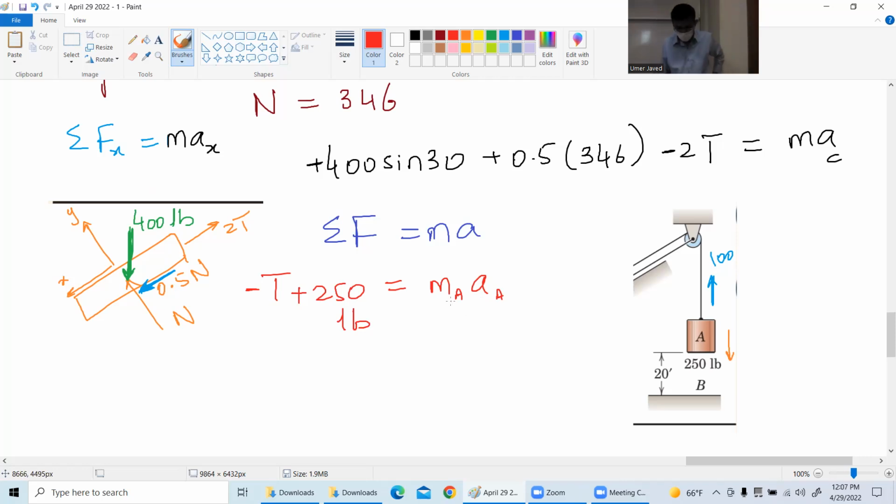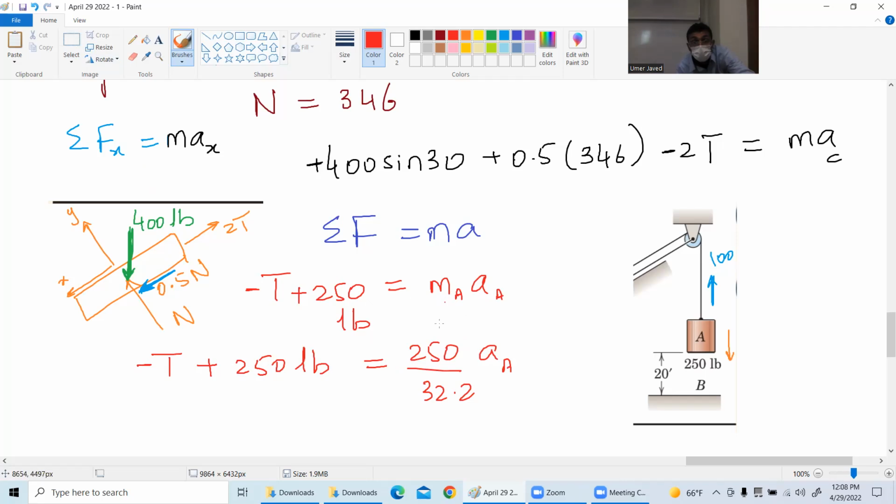I told you with a lot of practice of books, you will understand a feeling. The textbook never told me, but I know this is pound force. Now MA is minus T plus 250 pound force is equal to 250 divided by 32.2 AB.